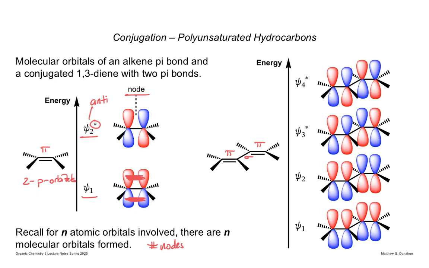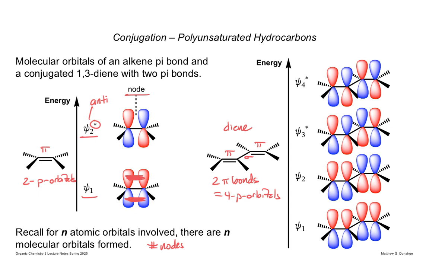And so let's demonstrate that by looking at this diene system here. We see that there's two pi bonds. So that equals 4 p orbitals. So meaning we have 4 wave functions to describe that.